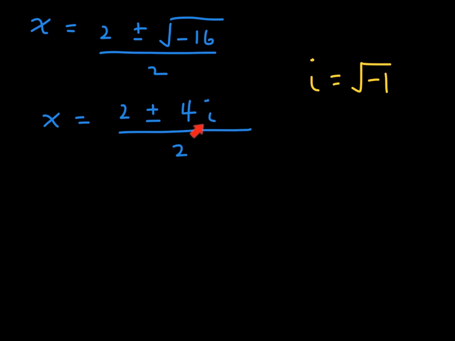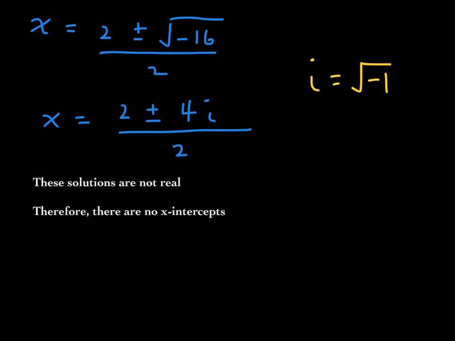So, because your solutions are not real, it means you do not have any x-intercepts. All right, everybody, so there are no x-intercepts at all. So this parabola never touches the x-axis. Now we're ready to solve some quadratic inequalities for this function.